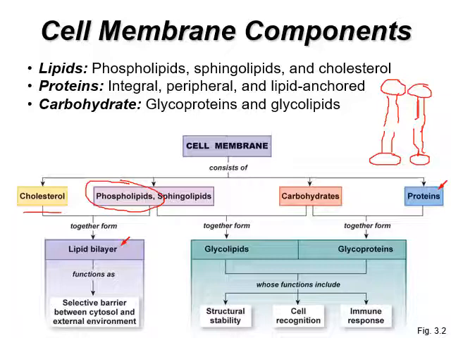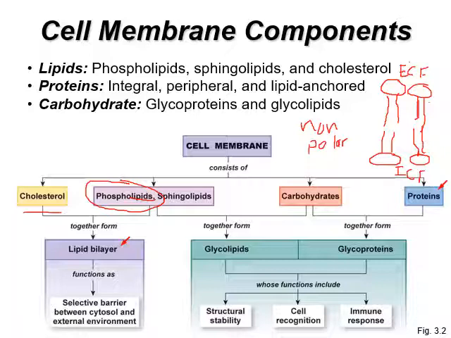The phospho portion of the phospholipids is polar, and this part is going to face out to the solution side, because this would be the extracellular fluid, and this would be, say, the inside of the cell, the intracellular fluid. The lipids here give the plasma membrane its characteristic of being non-polar.